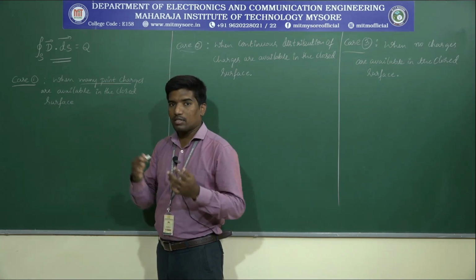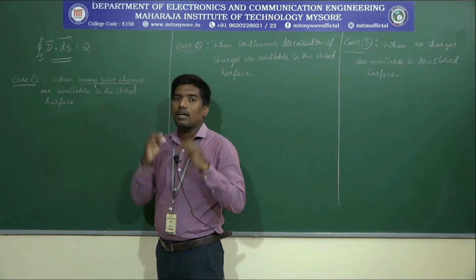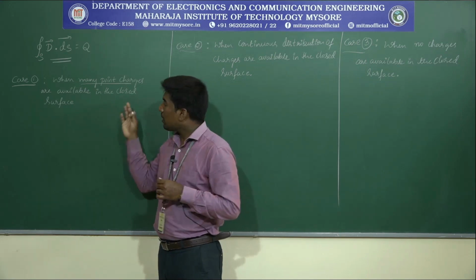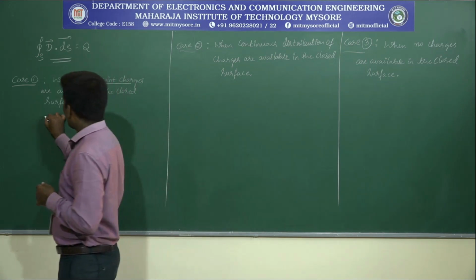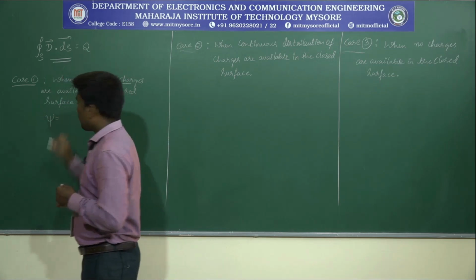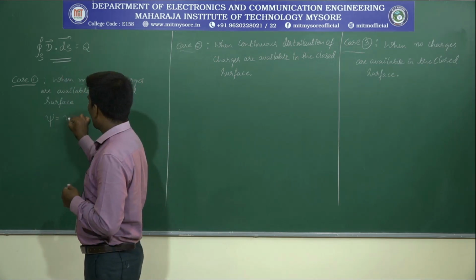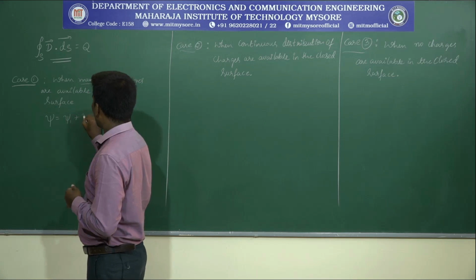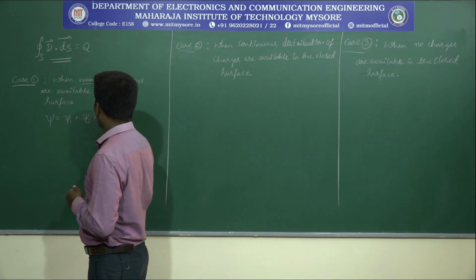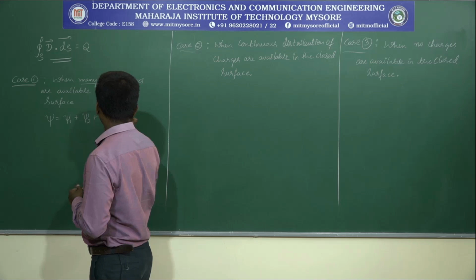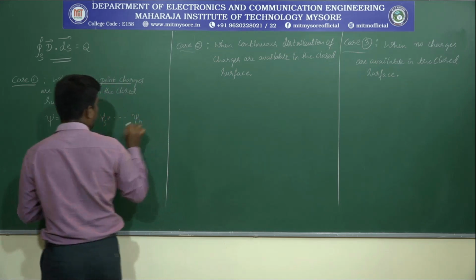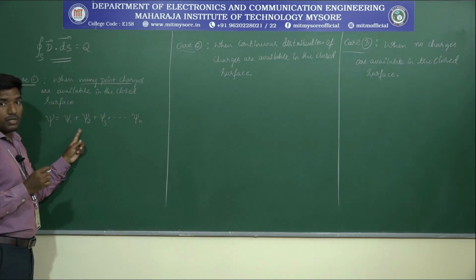N number of point charges are available inside an arbitrary closed surface. Then the total electric flux psi is equal to psi 1 plus psi 2 plus psi 3 and so on up to psi n. Which principle is that? Superposition principle.